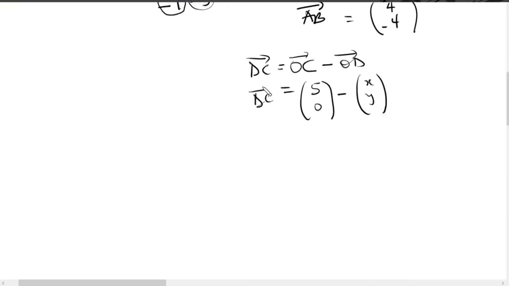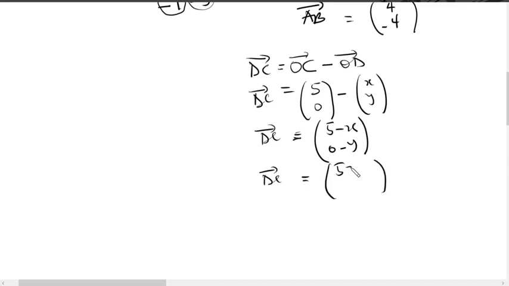So the vector DC is this. Let me simplify this. 5 minus x, we are going to have 5 minus x here. Then here we will have 0 minus y. If I simplify this further, I'm going to get 5 minus x, but 0 minus y is negative y.